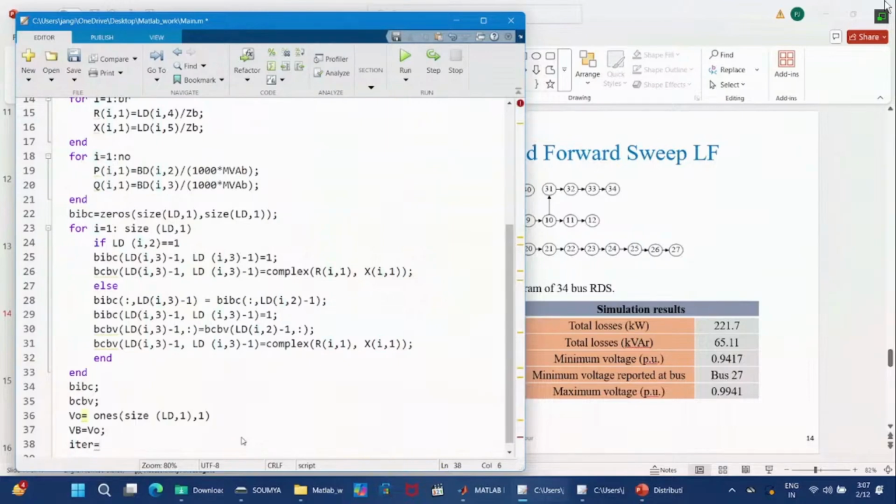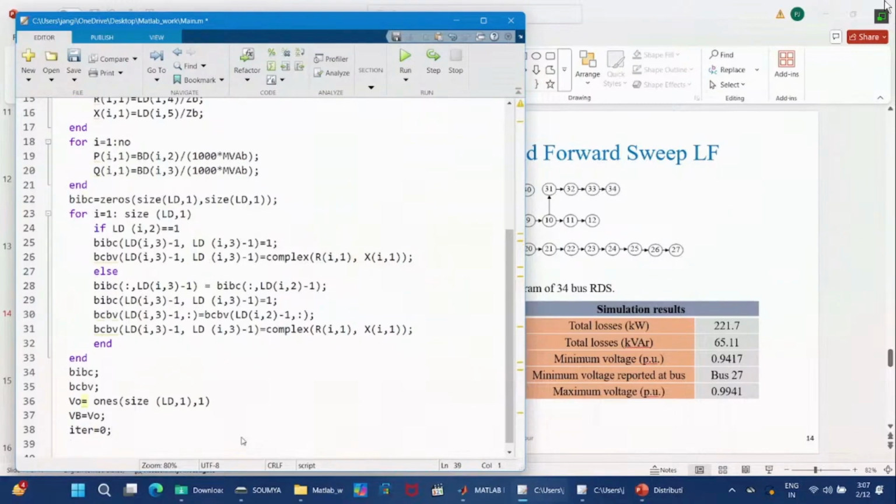Initially we consider the iteration as 0. Every time your iteration will get updated, and we will define our tolerance. For the first scenario, let's write the del B value as 10.